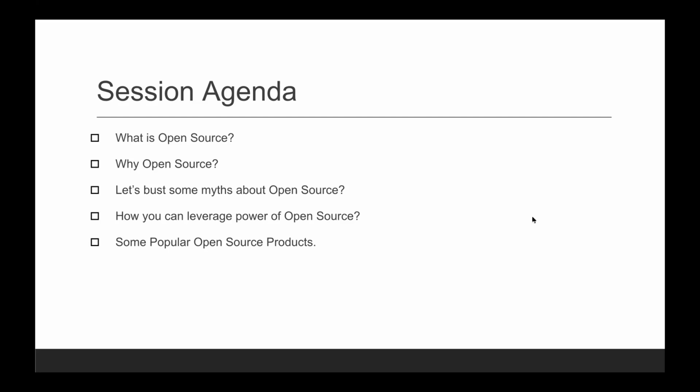We will see later that there are so many open source products readily available, using which you can create an e-commerce application, a blogging website, your own CMS, ERP, admin panels, and mobile applications. Many things are available out of the box and you can use them directly.